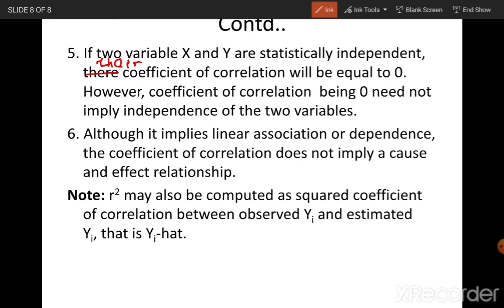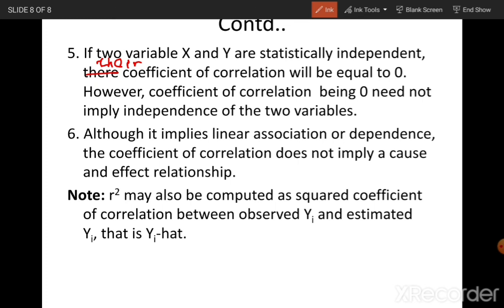So if you actually have variable y which is equal to x square, then the r for x and y will be 0 or near about 0. But they are not at all independent. In fact, they are very much dependent, right? Just remember this example of y equals x square to understand this fifth property of r.